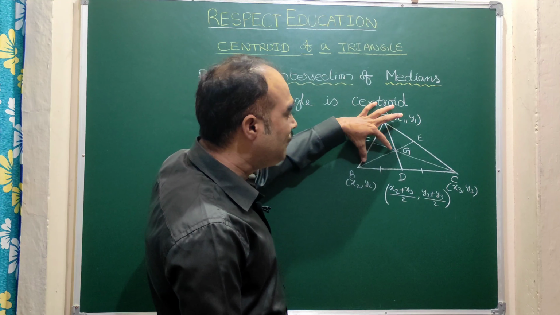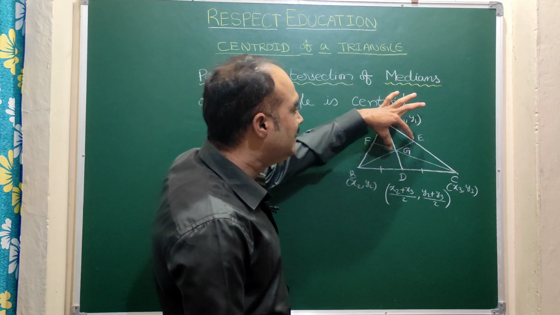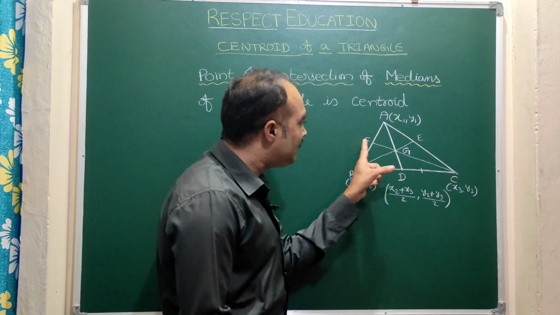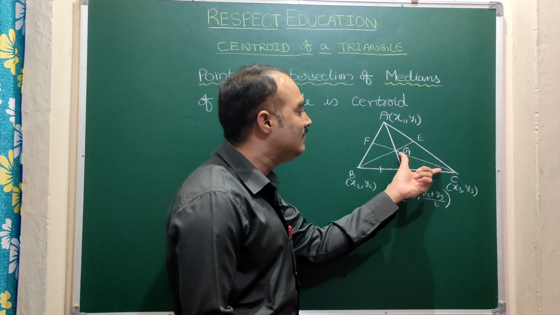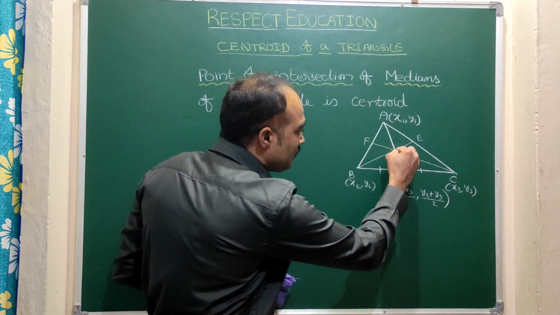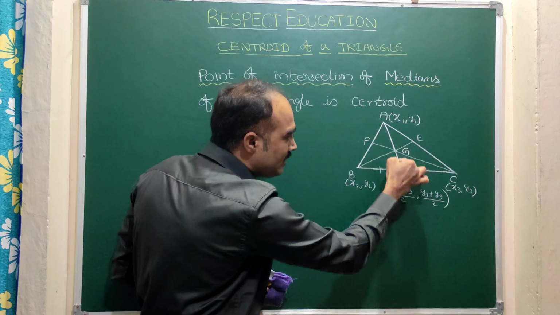Same way BG, if you take as 2y, then GE will be y. Same way here, if you take GF as z, then CG will be 2z. Is it clear? Here this part AG is twice of GD.